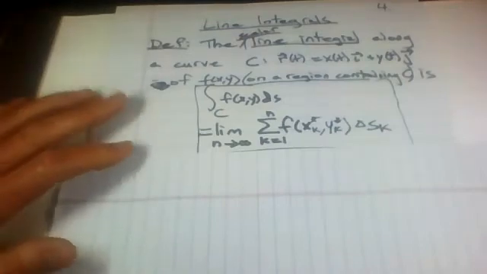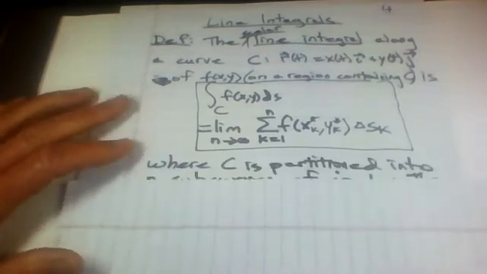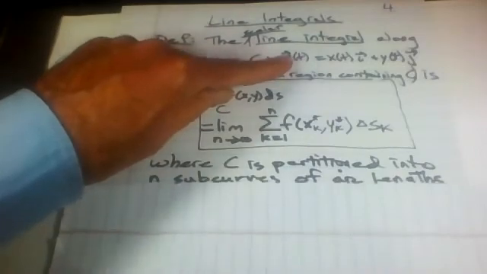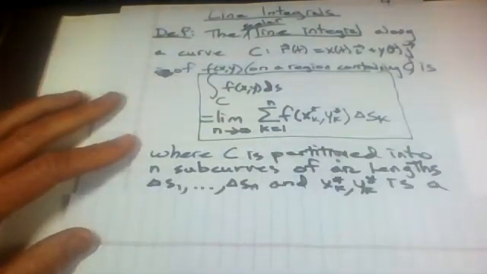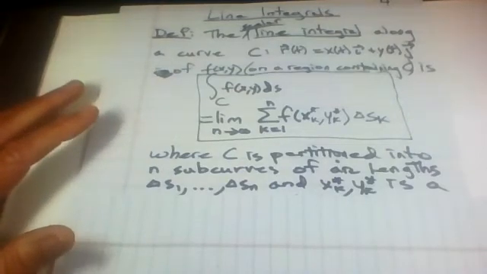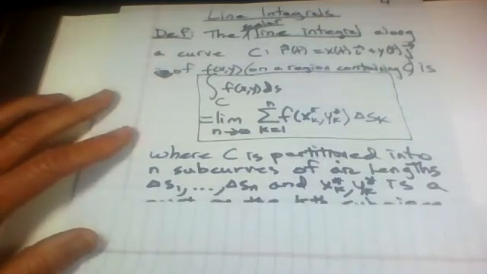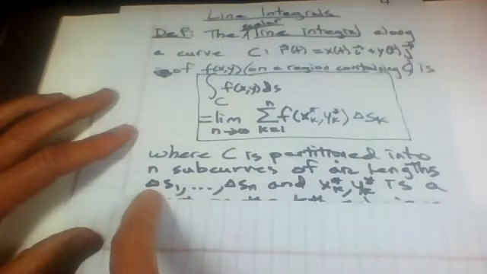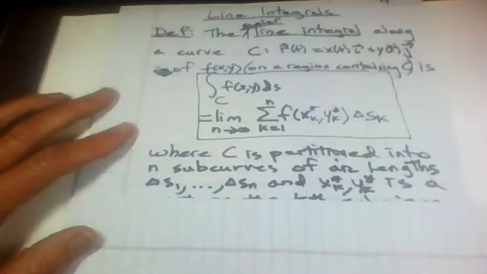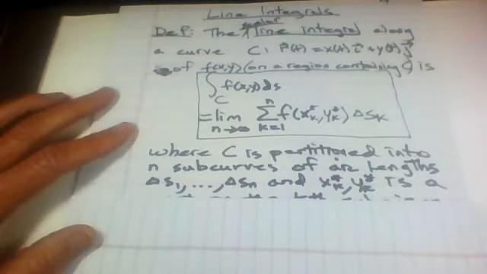And I need to put a little bit more in there for it to make sense. C is supposed to be given parametrically like this. In order to say what this definition means, the idea is we partition the curve C into n subintervals, subcurves if you like, of arc lengths delta S1 through delta Sn, and that's what these delta Sk are. You take a curve in the plane, you break it up into n little pieces, and you call the length of the kth piece delta Sk.